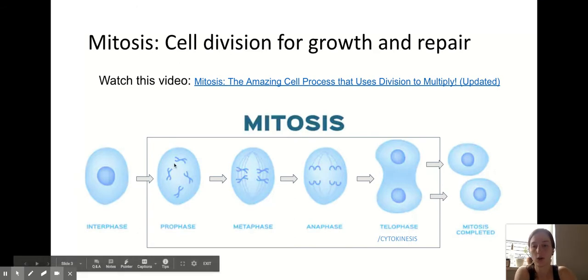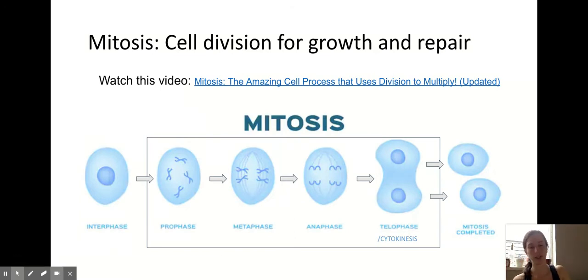Okay, so prophase, we've got all of the chromatin has condensed. There's two copies of what you originally had. Metaphase, so now you can see we've got this kind of more organized thing happening where everything's lined up at the middle of the cell. So they're also paired.